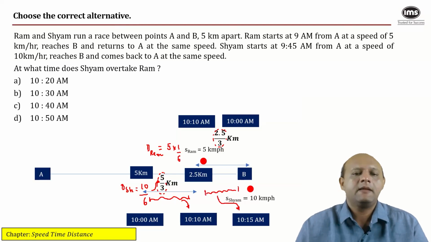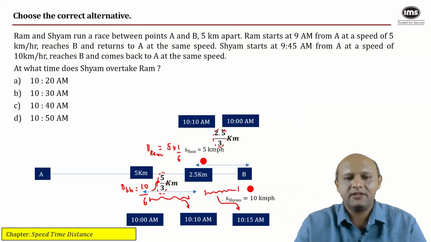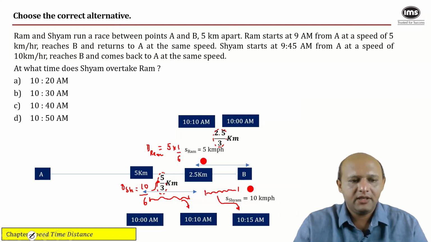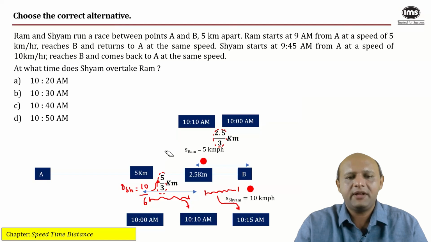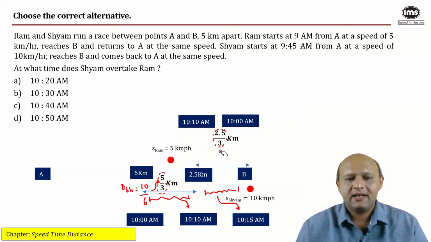Okay. Now, let's proceed further. And in this span, in the next 5 minutes, where does Ram move? He moves further by 1.25 by 3 kilometers, because this span was 10 minutes.